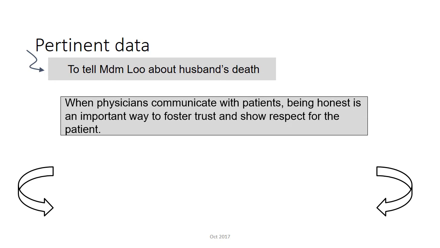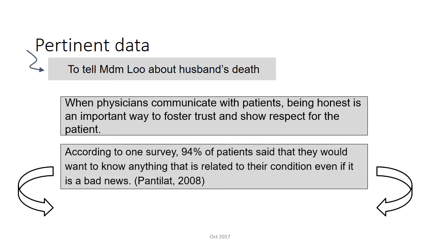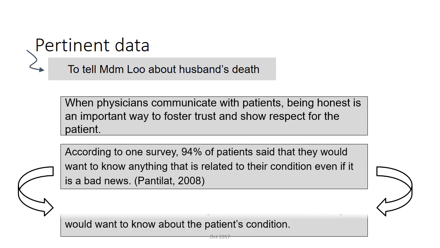One way is through good communication, being honest with empathy. It helps to foster trust, and we are respecting our patient by telling her the truth. The data also shows that 94% of our patients say they want to know anything relating to their condition, even if it is bad news. So we should be committed, having the virtue of fidelity and veracity, and tell the truth to our patient.